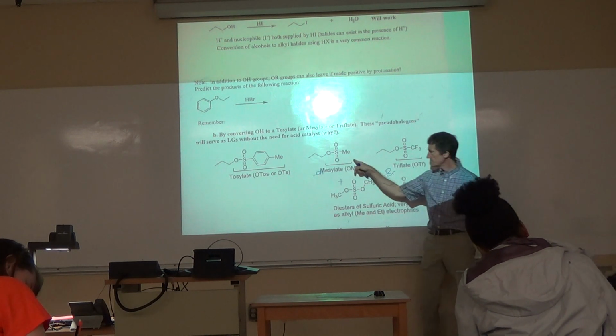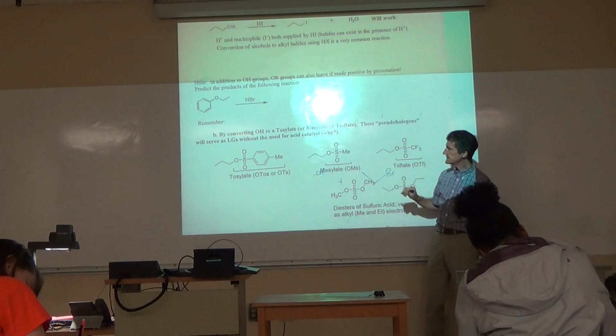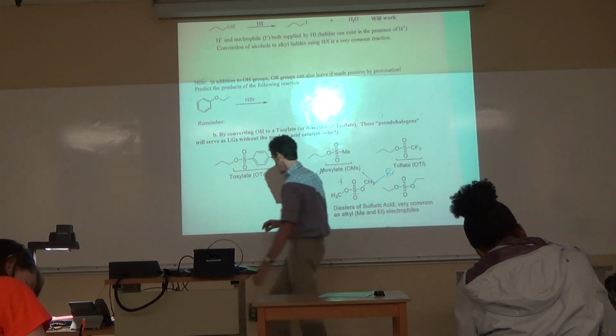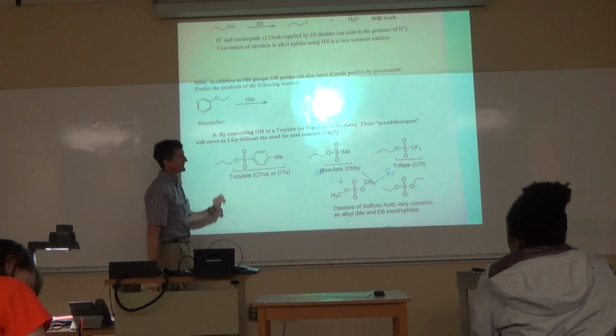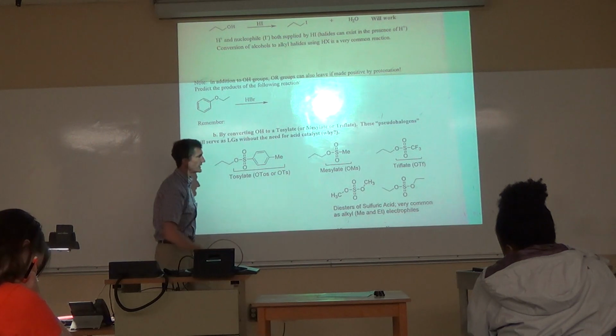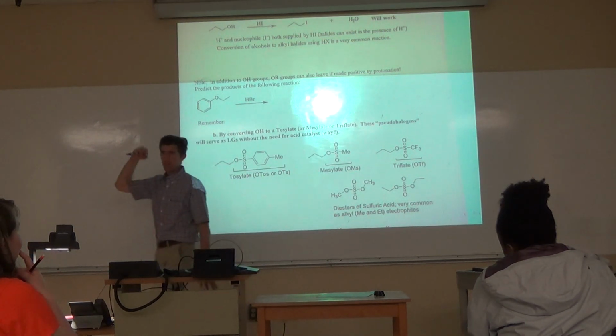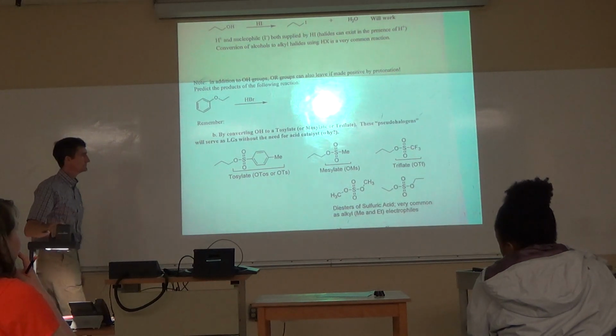One of my handouts does use a mesylate instead of a triflate. It's the same idea. I just show you a couple of others. Triflate is used at the upper level, more advanced chemistry.